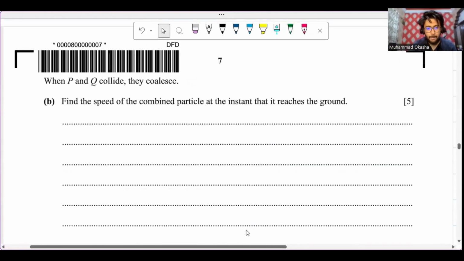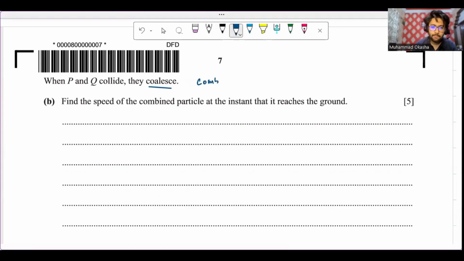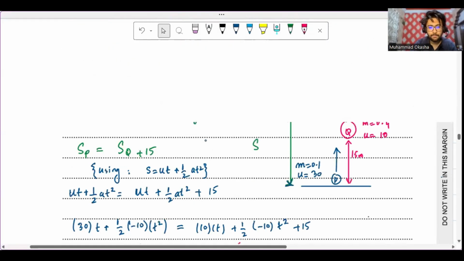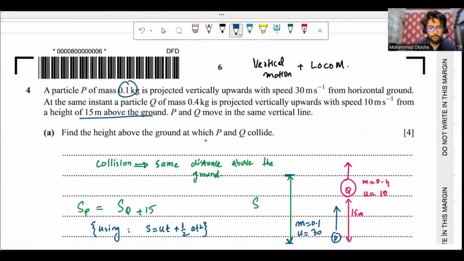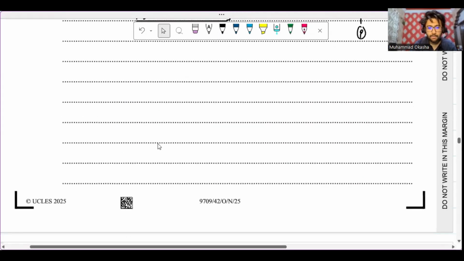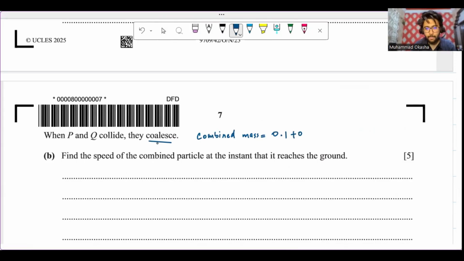Next, when particles P and Q collide, they coalesce. Coalesce means they combine together. So the combined mass of PQ would be 0.1 kilogram, the mass of particle P given over here, plus 0.4, the mass of particle Q. Altogether the mass is 0.5 kilograms.